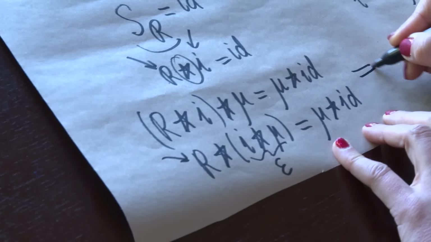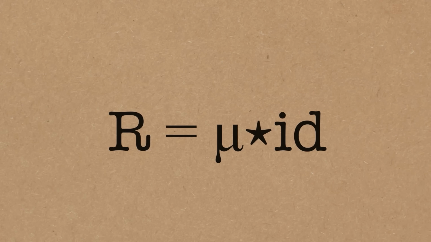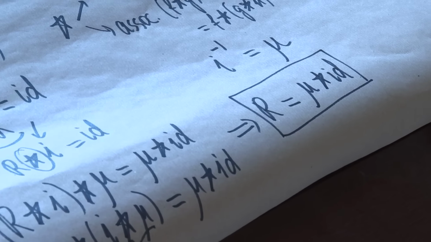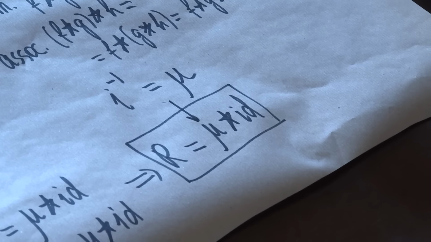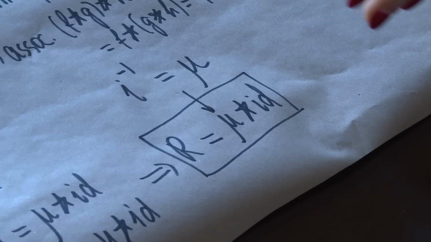So from here, we draw the conclusion that the Raffle function is the Mobius function Dirichlet with the identity function. And in fact, this is a special example of something called the Mobius inversion formula, because it uses the Mobius function.